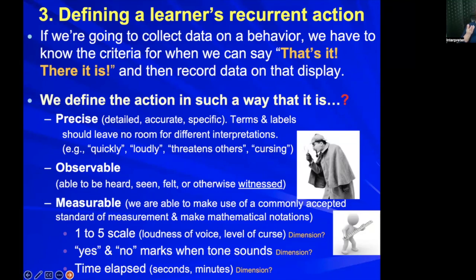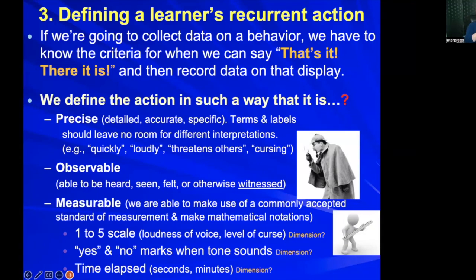And so we might break it into a 1 to 5 scale, or actually probably a 0 to 5 scale, from 0 being silent when we observe, to 1 being a whisper, to 2 being a table voice, to 3 being the loudness needed when one is asking a question of the teacher during the class.